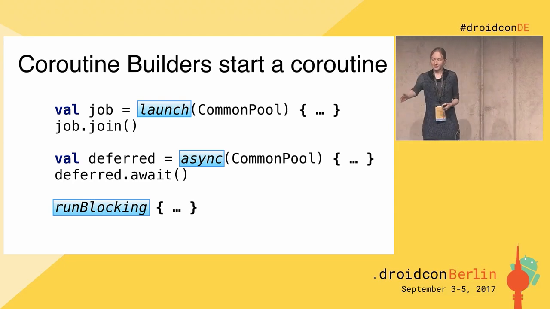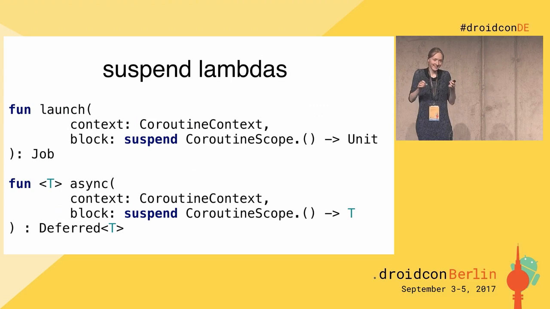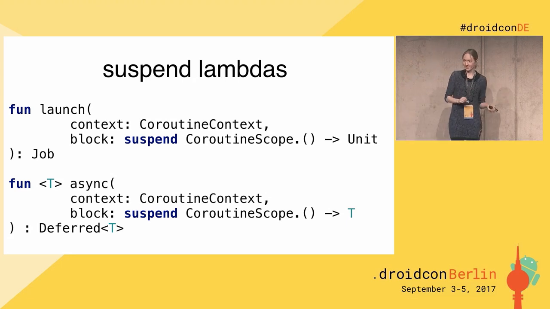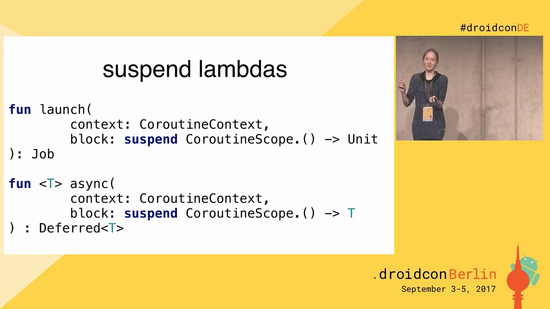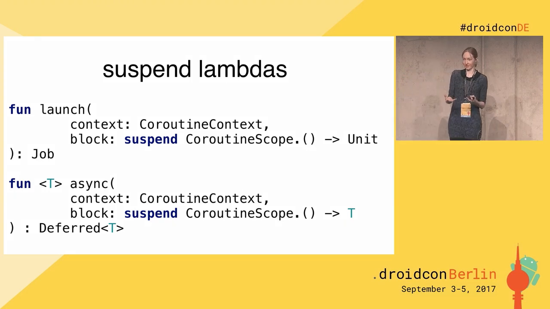So coroutine builders start a coroutine, and looking a little bit under the hood, we actually use the suspend modifier not only to declare suspend functions, but also we mark lambdas as suspend lambdas, and a coroutine builder is any function that takes this suspend lambda as a parameter. And in essence, this suspend lambda is what represents a coroutine.